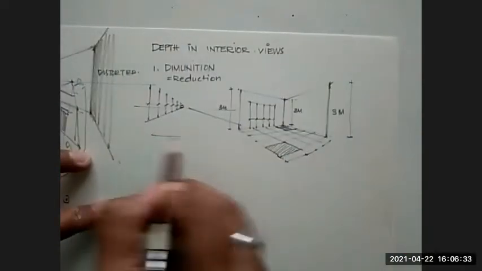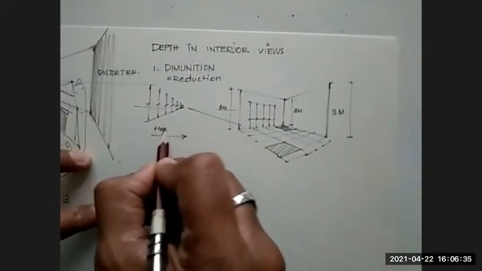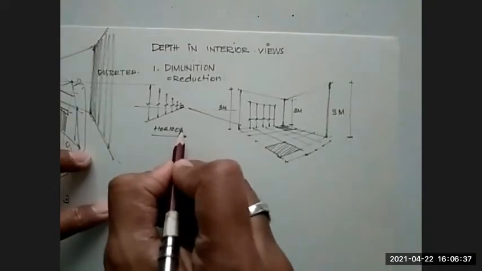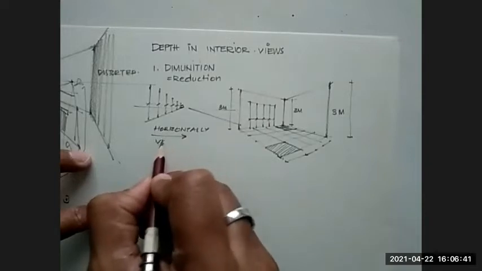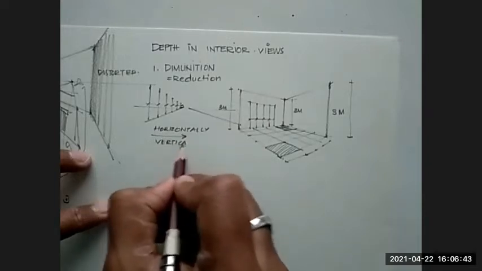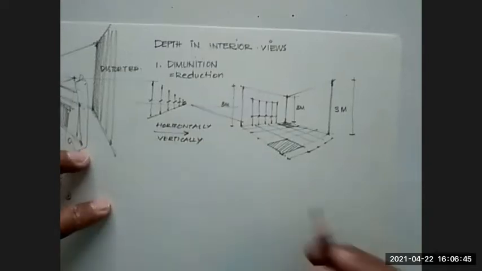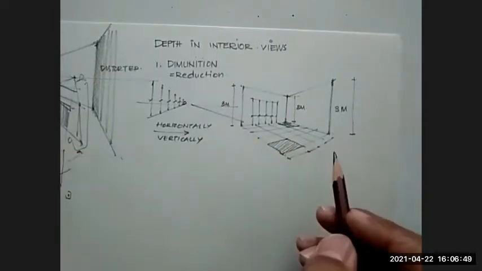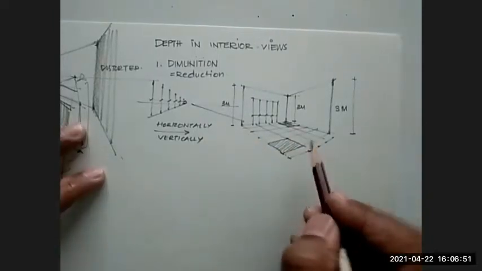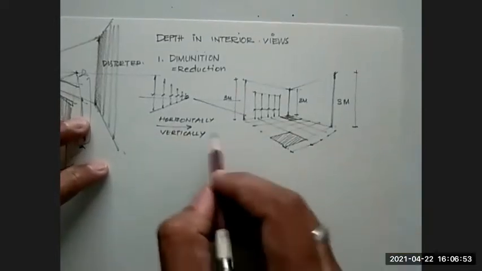So the reduction is happening horizontally and vertically also. Both ways it is happening. Height reduced and the gaps in between also reduced. This is the first rule.